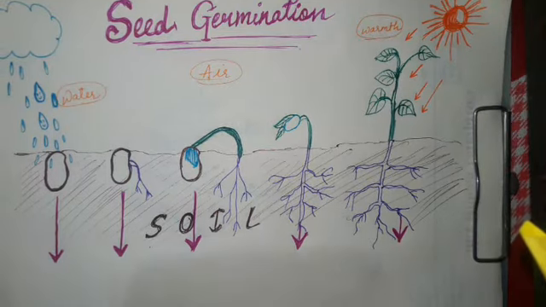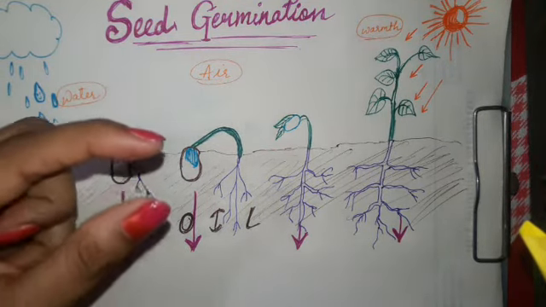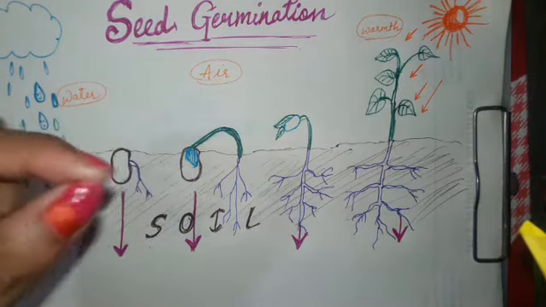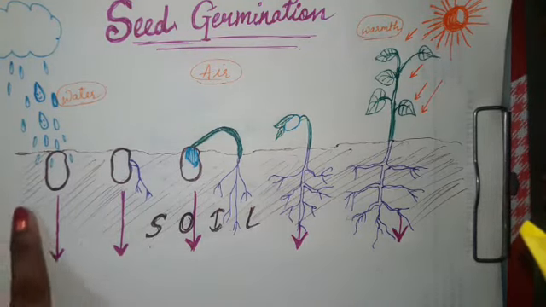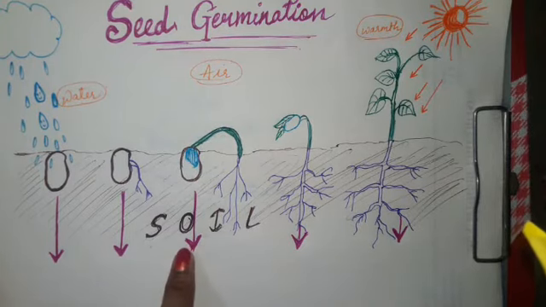Now the very first step is, when you find a seed, you sow it in the soil. This brown colored part I have drawn is nothing but the soil.